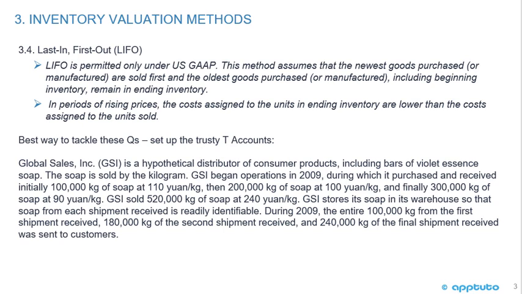GSI stores its soap in its warehouse so that soap from each shipment received is readily identifiable. During 2009, the entire 100,000 kilograms from the first shipment received, 180,000 kilograms of the second shipment received, and 240,000 kilograms of the final shipment received was sent to customers. That's the 520,000 kilograms that they sold.